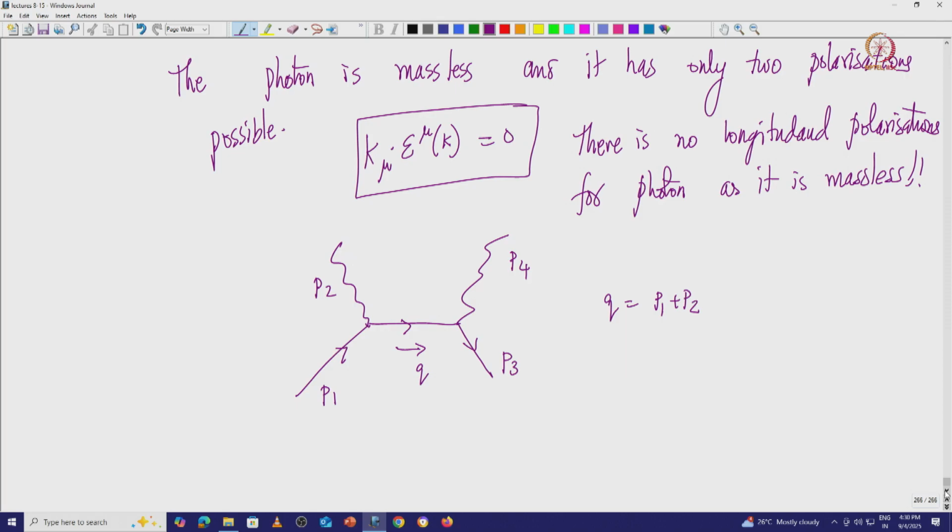Let's start with the vertex here. In this vertex you have P1 coming in.